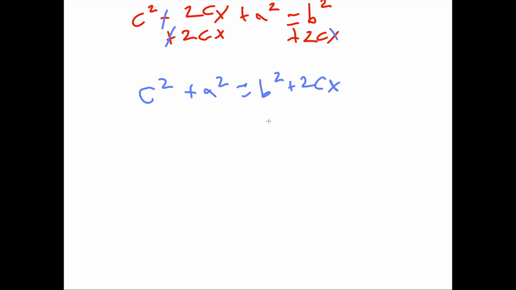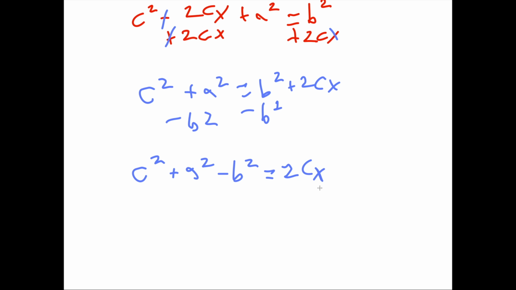Now, let's subtract b squared from both sides, because we're trying to solve for x here. We get c squared plus a squared minus b squared is equal to 2cx. Divide both sides by 2c.